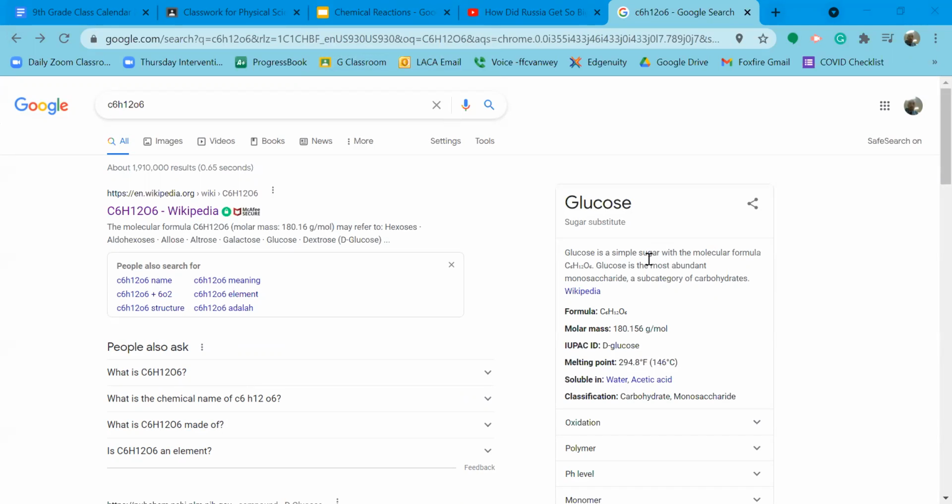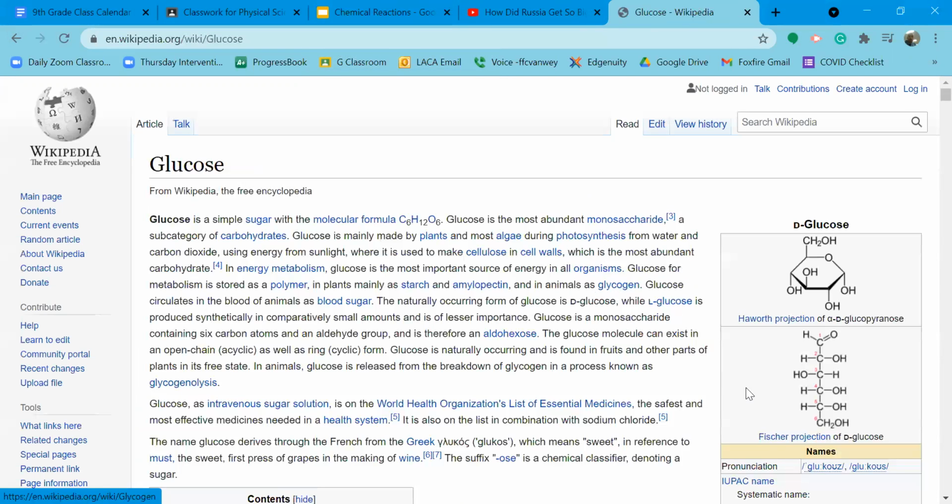But here's the molecule, right? You've got a chain of carbons with oxygens and hydrogens attached, sort of in an alternating fashion. This is a picture of that molecule, that polymer, it would be called.